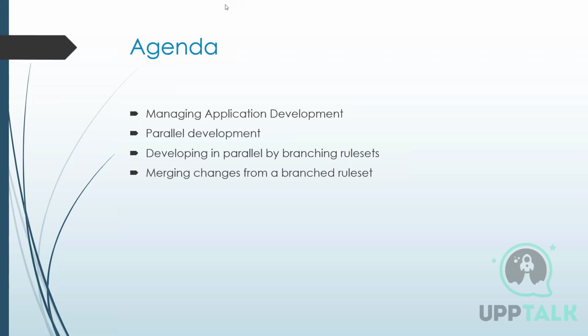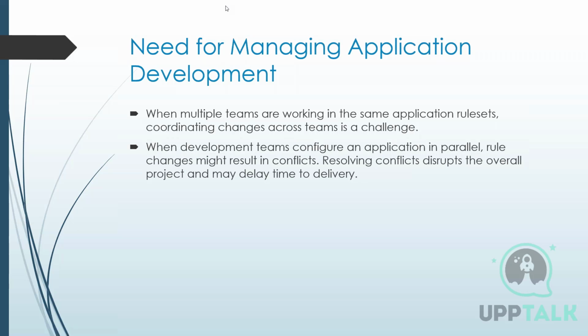Definitely parallel development is essential because I cannot say that you have to stop until the other developer completes his work. Of course, we have check-ins, checkouts, and private edit. Those are agreed. But in order to avoid conflicts, or to make sure the development is going smoothly, we have to look at parallel development aspects.